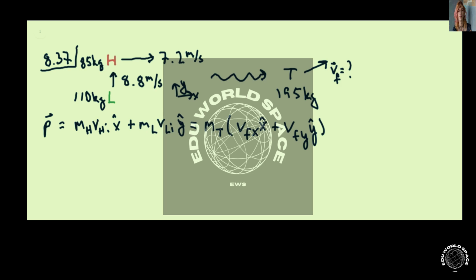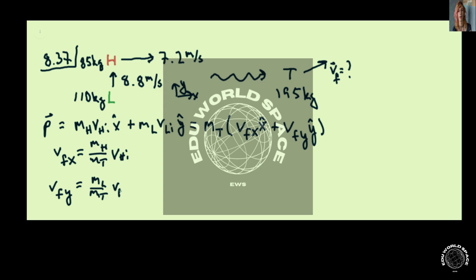We could have written this as a system of two equations, and in fact, we can write down the final speed in the X direction is going to be the mass of halfback over the mass of both of them times the halfback's initial speed, and the Y component is going to come from the linebacker with an equation that is otherwise identical.